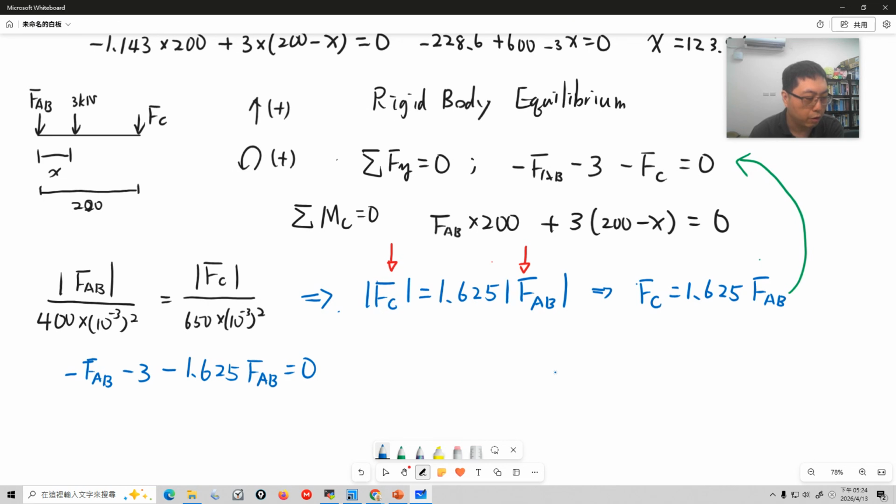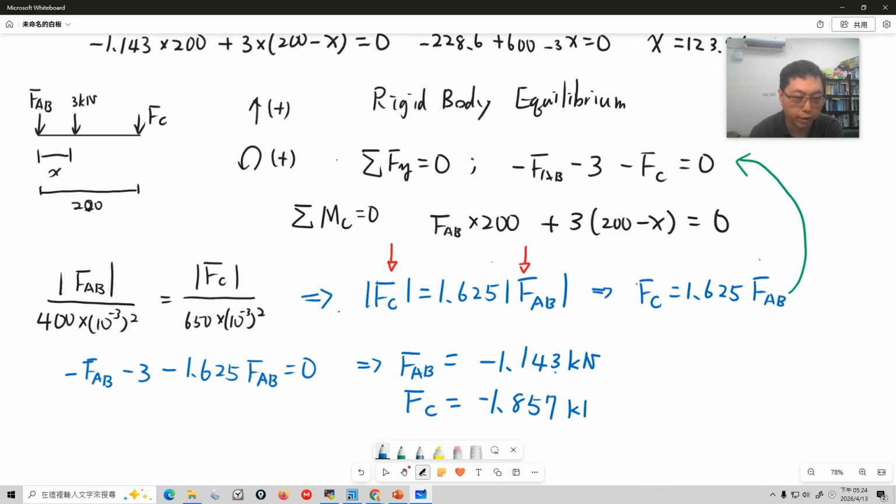So after all, you will have FAB equal to minus 1.143 kilonewton. And then you will have FC equal to minus 1.857 kilonewton.